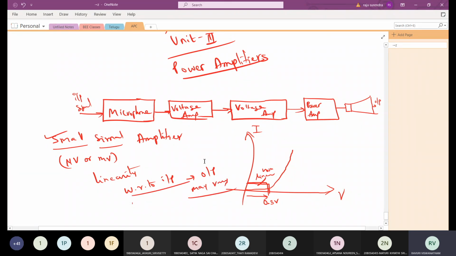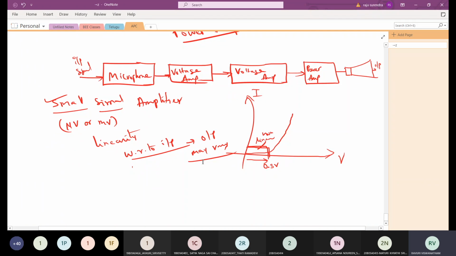So here the diode works under non-linear conditions as well as linear conditions. But everybody concentrates on the diode working only in non-linear. But there is a linear condition also, that is after the cut-in voltage.